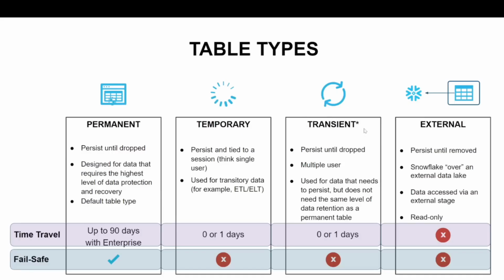Now, the third table is a transient table. This is similar to your permanent table, which persists until you physically go and drop the table. It's not tied to a single session, so multiple users can use that transient table. It is used when you want to persist the data in Snowflake, but you don't need the same level of data retention as you have in the permanent table.